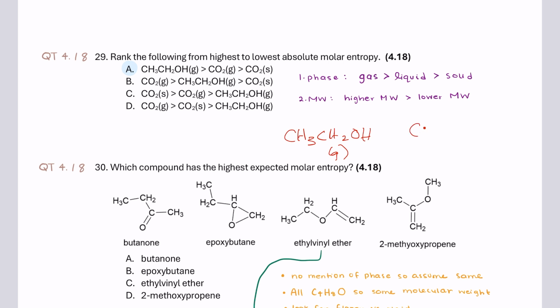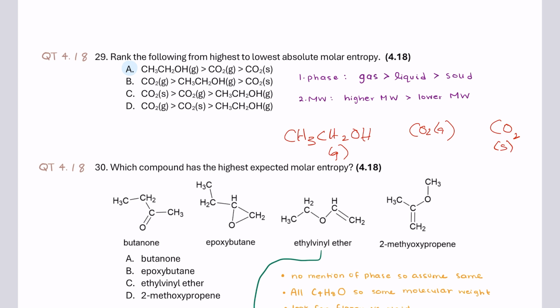This is in comparison to carbon dioxide, also in its gas phase. It's smaller though, and it's more simple of a molecule than ethanol, so keep that in mind. Finally, we compare that to solid carbon dioxide or dry ice. So as a solid, it's going to have the lowest entropy among the three.